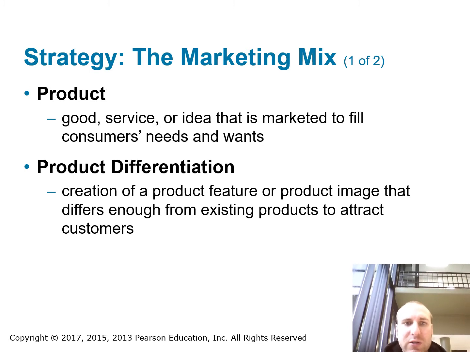Strategy, the marketing mix. Product is a good or service or idea that is marketed to fill consumers' needs and wants. So any example of a product that you can think of is likely a product: iPhone, Galaxy, notebook, book, laptop, folder, etc., etc. Product differentiation, creation of a product feature or product image that differs enough from existing products to attract customers.